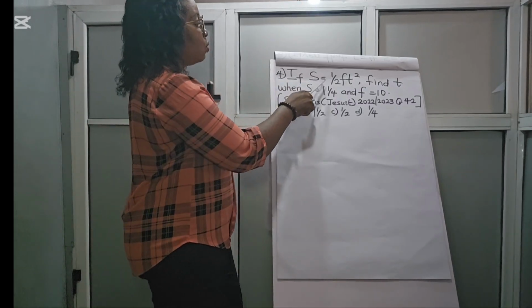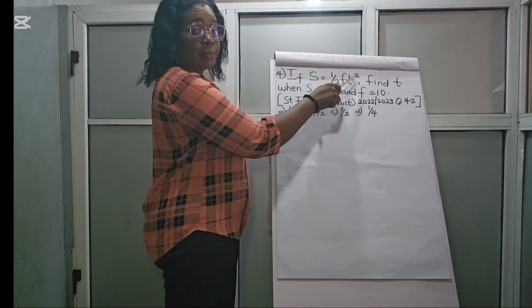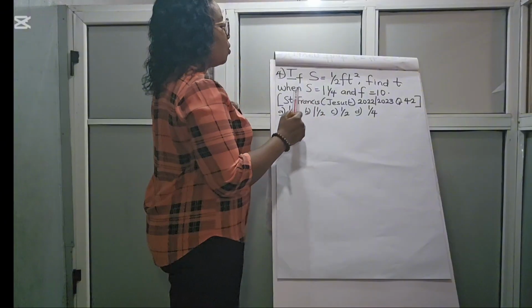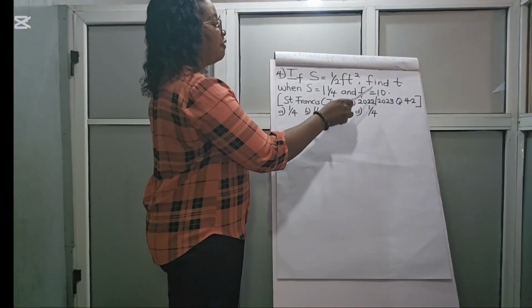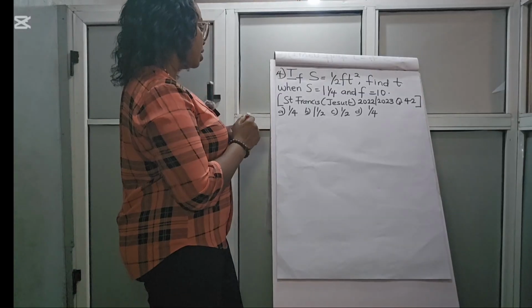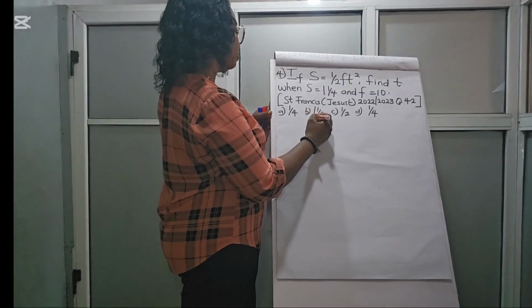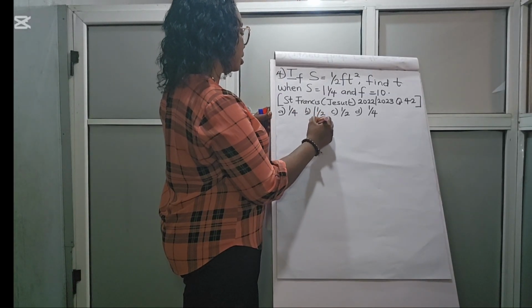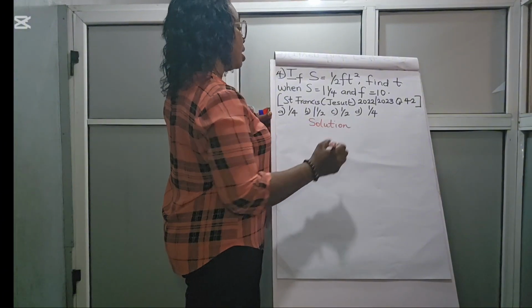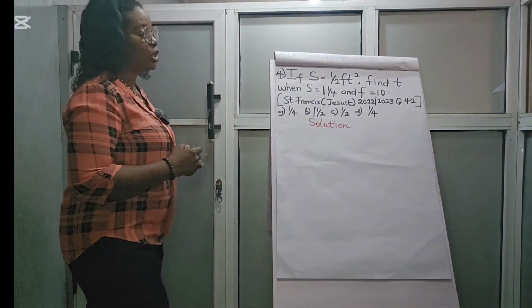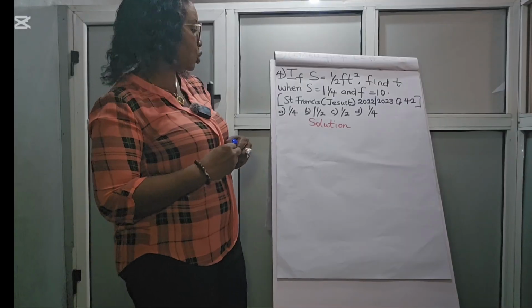If S is equal to half ft squared, find T when S is equal to 1 whole number 1 over 4 and F is equal to 10. This question was drawn from St. Francis Jesuit College exams, year 2022-2023, question 42.